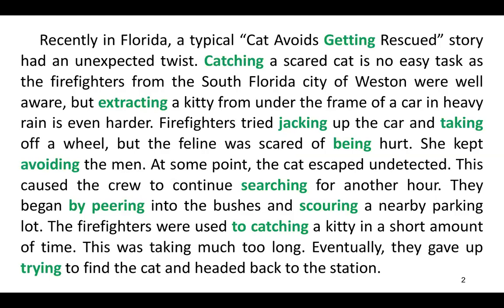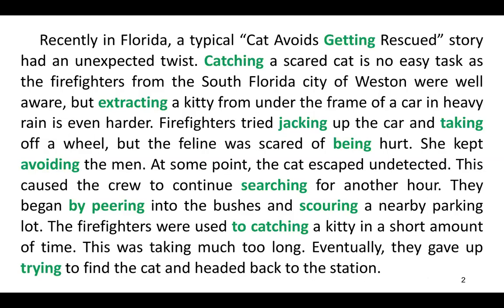Recently in Florida, a typical cat avoids getting rescued. The story had an unexpected twist. Catching a scared cat is no easy task, as the firefighters from the South Florida city of Weston were well aware, but extracting a kitty from under the frame of a car in heavy rain is even harder.